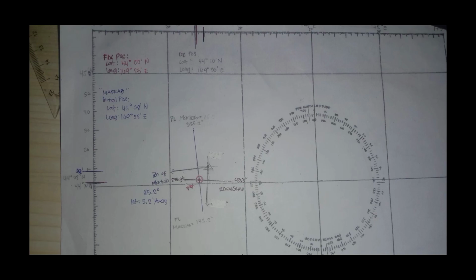The last step will be finding the fixed position, which we get from the intersection of the two position lines of the two stars, like this position line of Markab and position line of Rasalhague. The intersection of the two lines will be the fixed position of our stars.